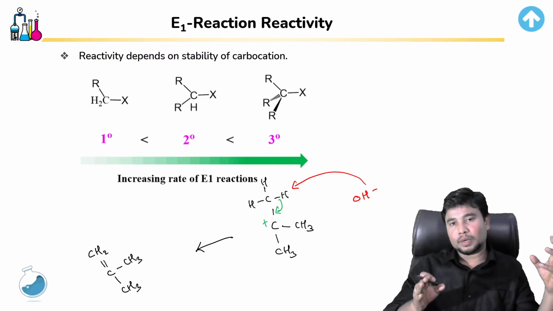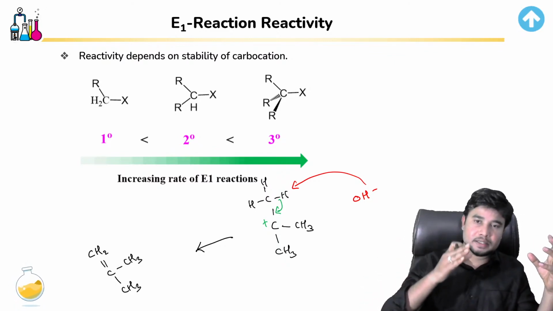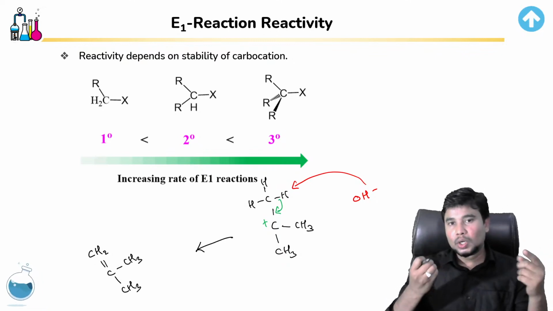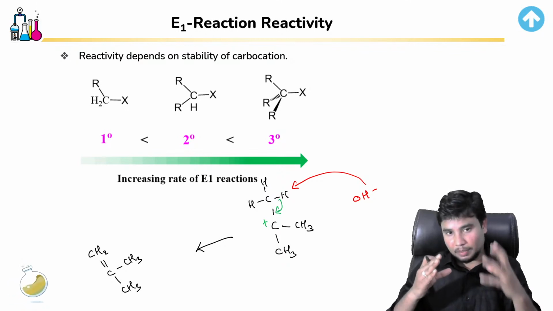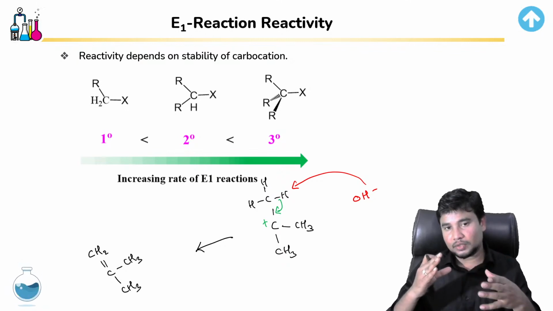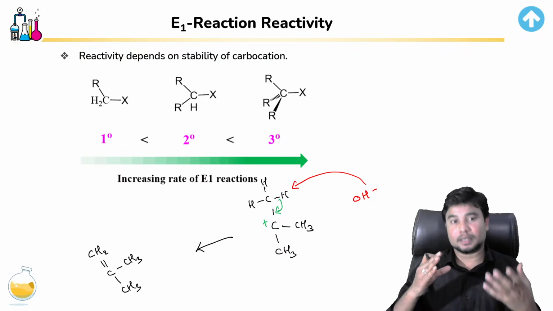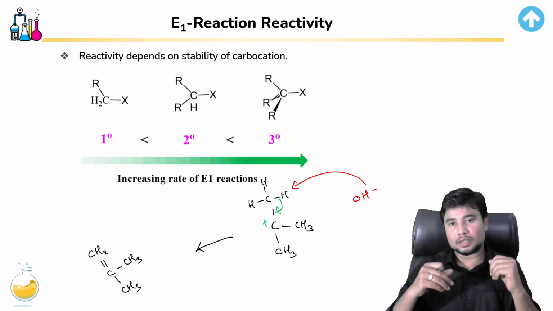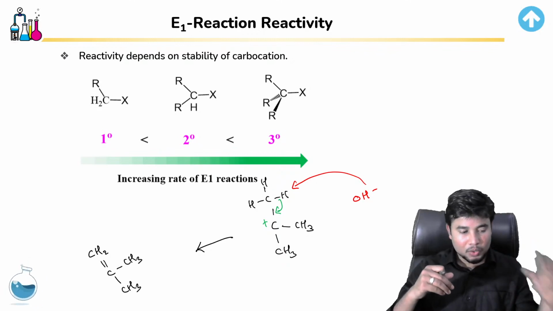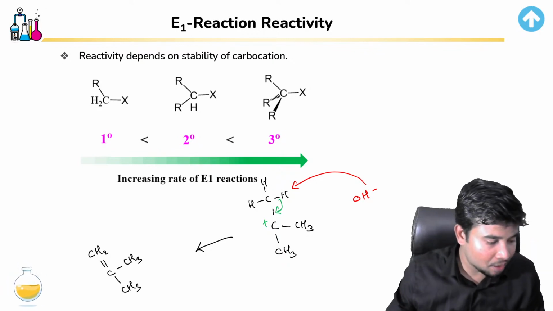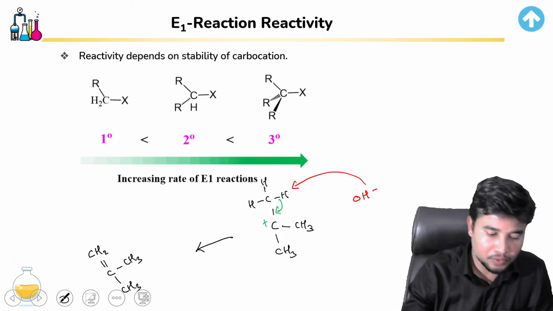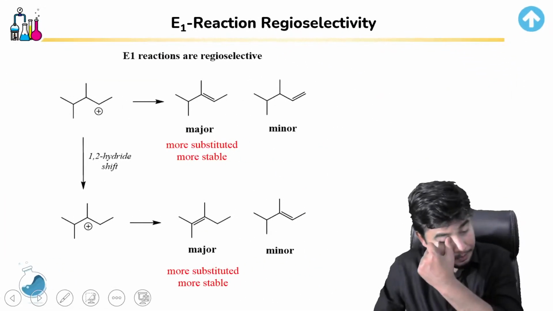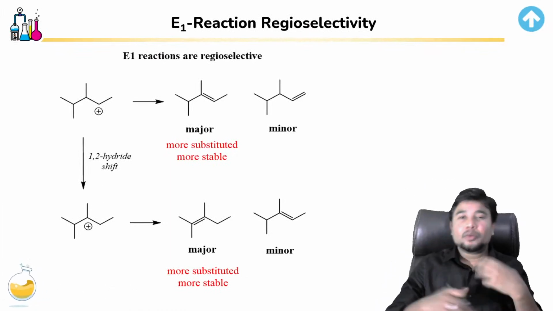First the leaving group leaves, then the base does its work, takes out a proton, and the bond from hydrogen shifts, causing a double bond to be created. Why does that happen? To neutralize that positive charge. With that known, I think you have enough idea about how we approach this type of problem, right? So let us move further to the next topic and understand rearrangement.